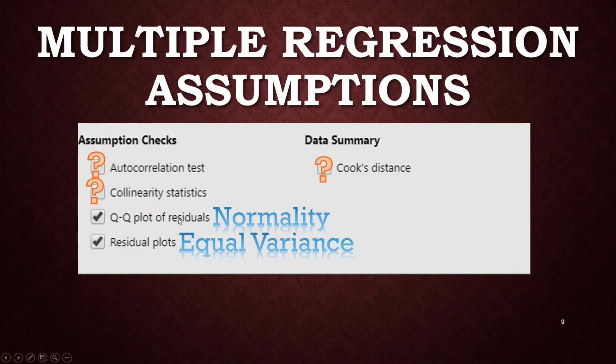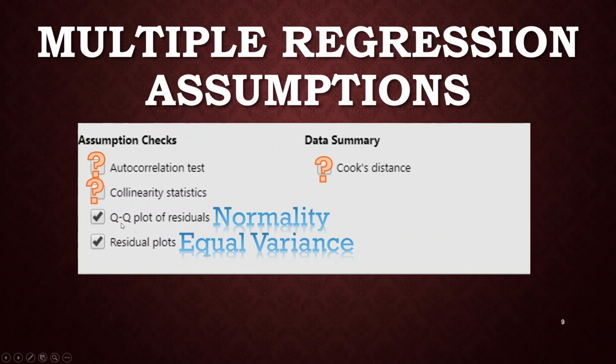Well, we know that a QQ plot is going to check for normality. It's a little special because the normality we're looking for is normality of residuals. Basically, what we're checking for here is homo and heteroskedasticity. Does your regression line have similar predictability across the entirety of your independent variables?